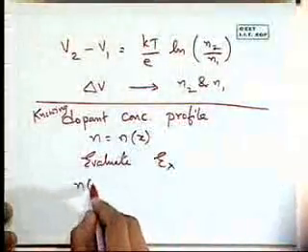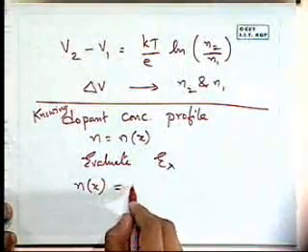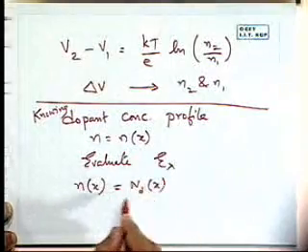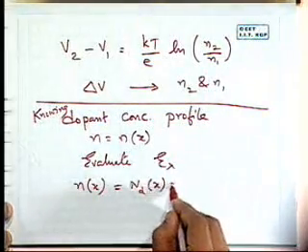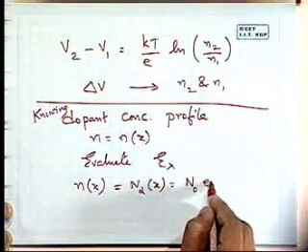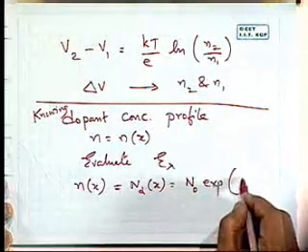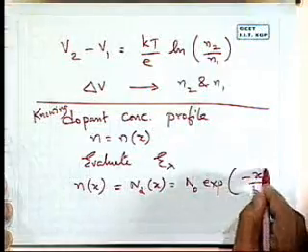Let's suppose that we have an expression that n(x) is equal to N_d(x), again we are assuming complete ionization, is equal to some distribution that looks like this, n naught exponential minus x by b. This is related to how it has diffused in.